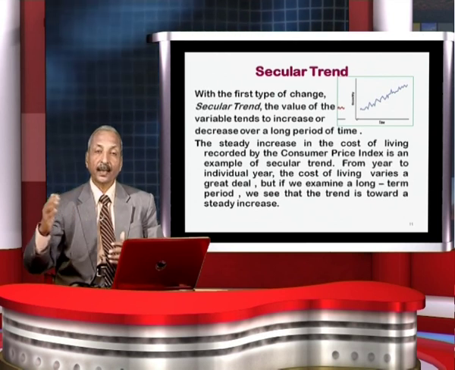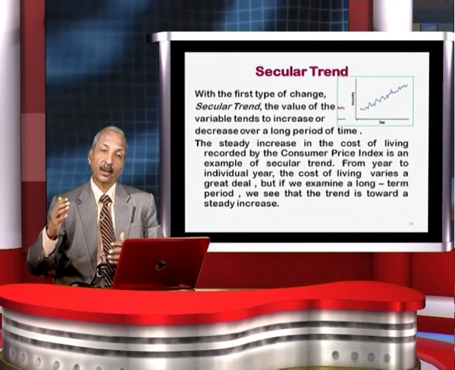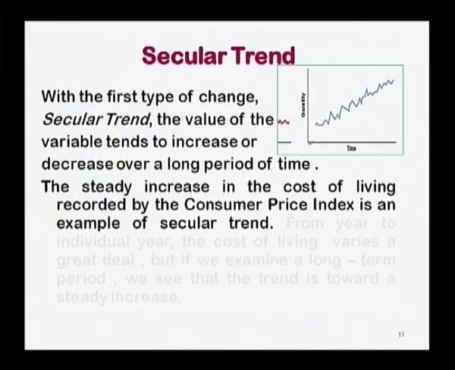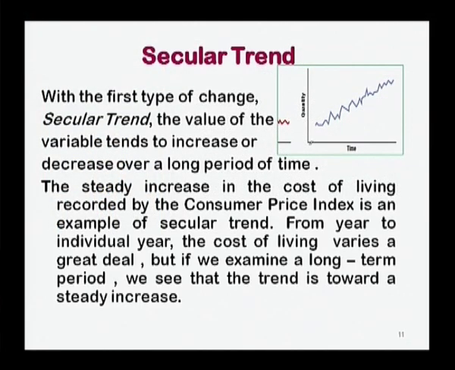It goes on increasing over the months and from year to year. From individual year to year, the cost of living varies a great deal, but if we examine a long term period, we see that the trend is toward a steady increase, and we can see this through this graph, which shows that the data has an increasing trend over a period of time.